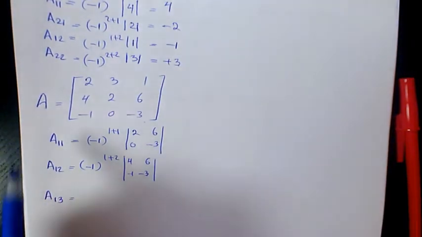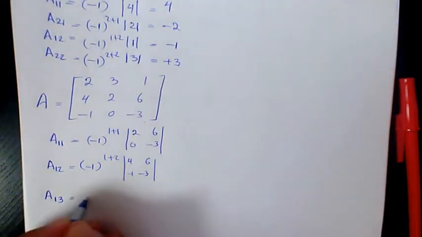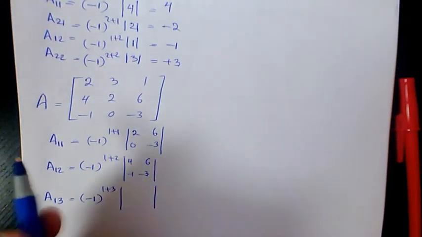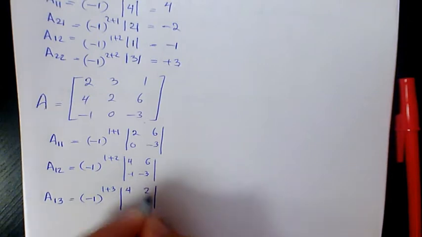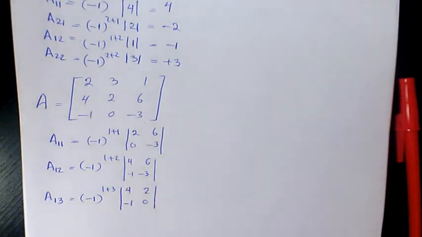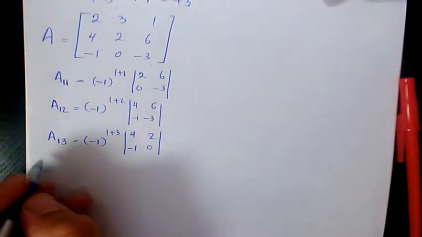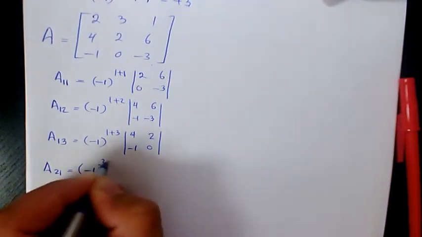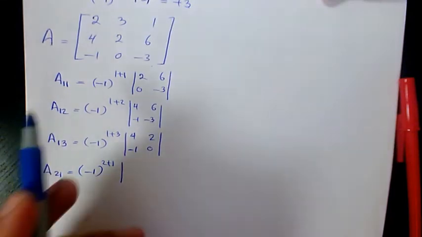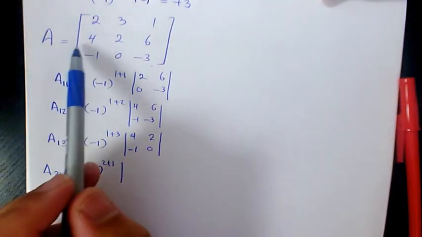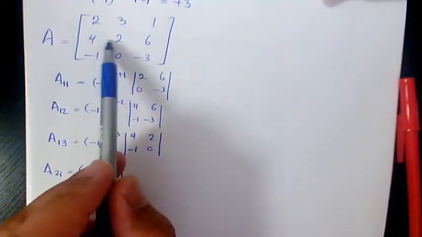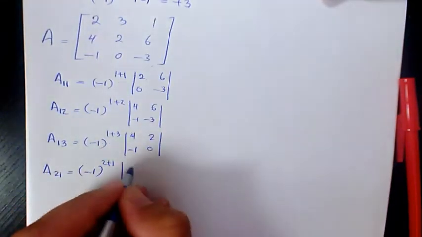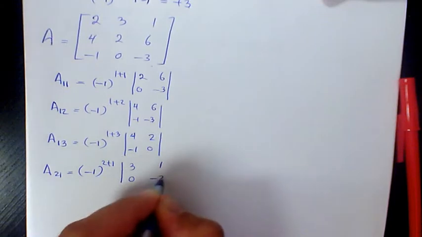A13 is going to be -1 to the power of 1 plus 3, 4, 2, -1, 0. A21, -1 to the power of 2 plus 1, that's 3, 1, 0, -3.